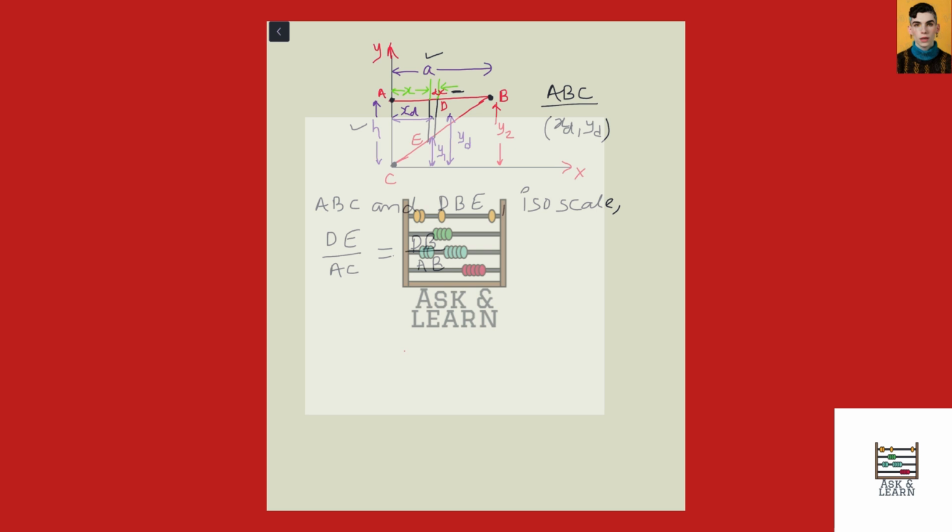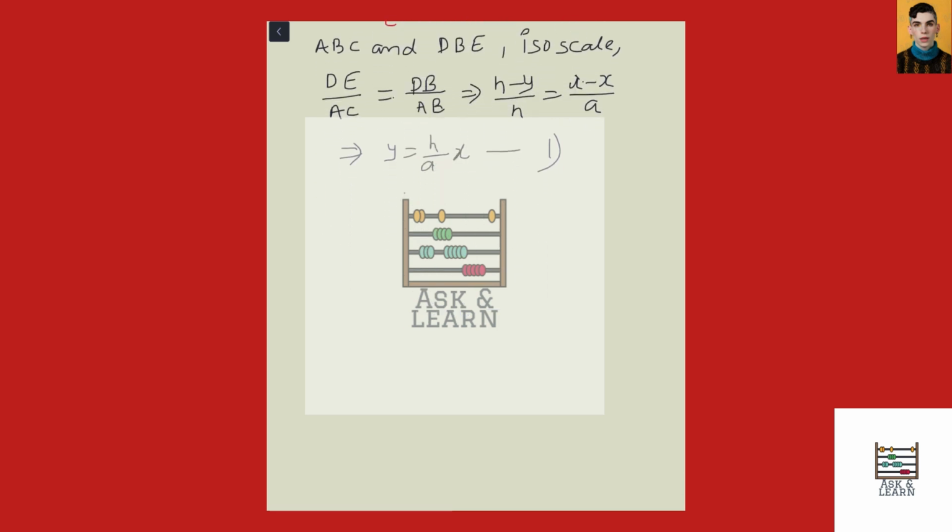So from the geometry I can put the values as (h minus y) divided by h equals (a minus x) divided by a. So from here I can obtain y equals h by a into x. This is our equation number 1. We will use it in the upcoming equations.